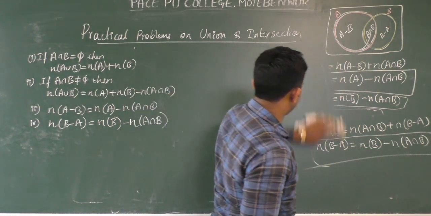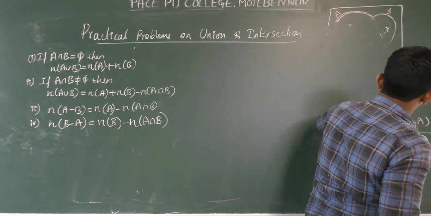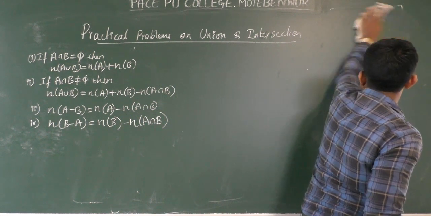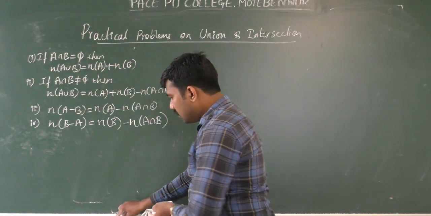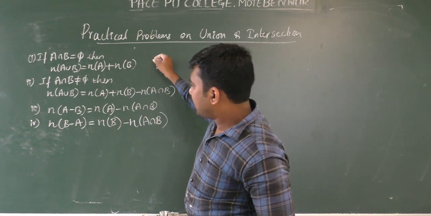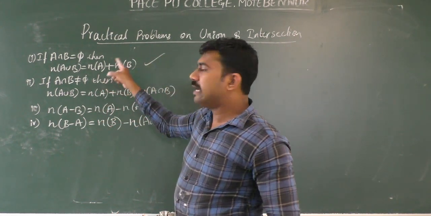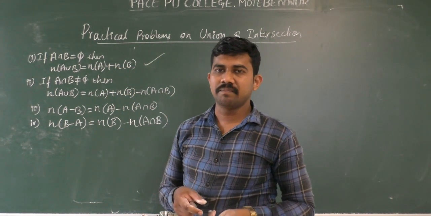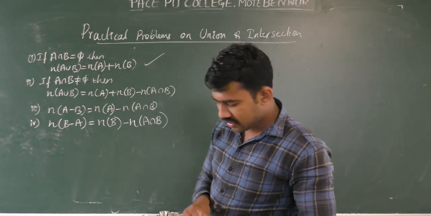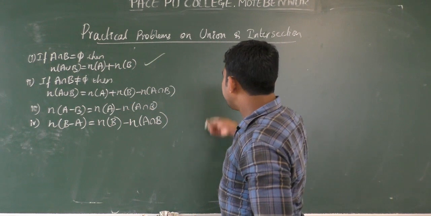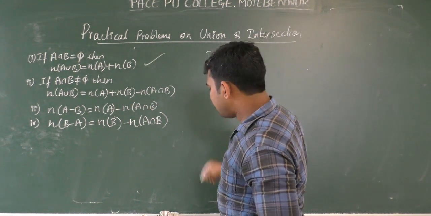One more, the next extended part of your first formula. What did the first formula give us? n of A union B is equal to n of A plus n of B, when there are two disjoint sets. Now see how many sets I take.